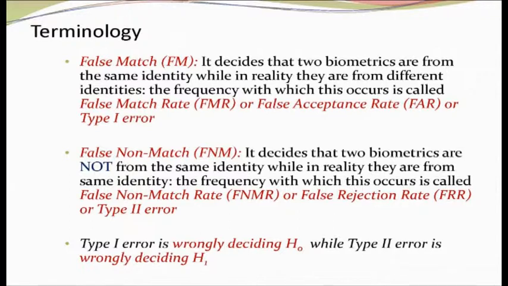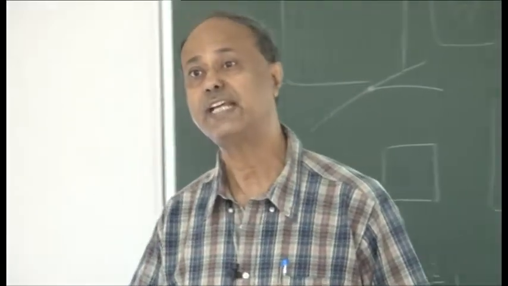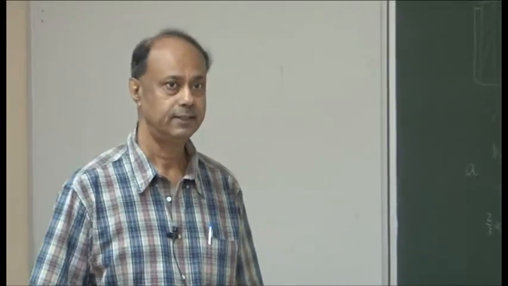One term is false match. Given two biometric characteristics, you will be telling yes, they are matched, but in reality that should not have happened. These characteristics have been obtained from two different subjects. Now, the frequency of that type of error is known as false match rate or false acceptance rate or type 1 error, right.